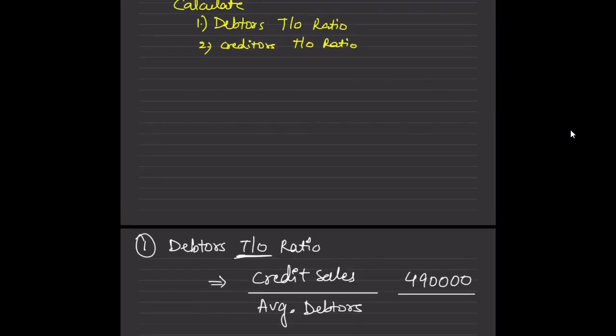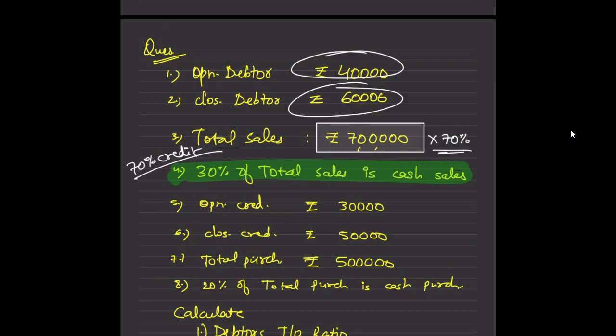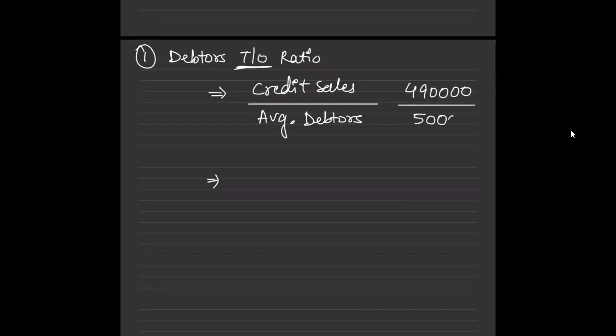And what is your average debtors? Opening debtors 40,000 plus closing debtors 60,000 divided by 2, which gives me 50,000. So here 4 lakh 90,000 divided by 50,000. The answer is 9.8 times.